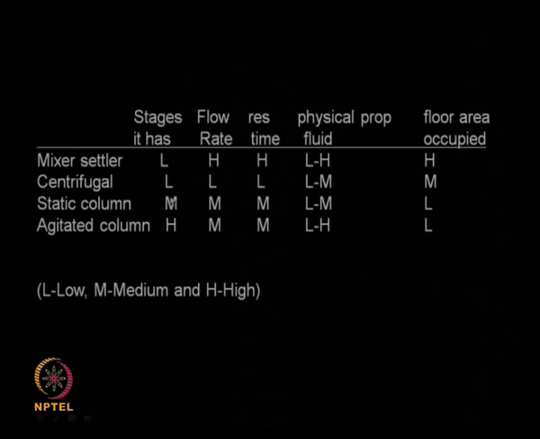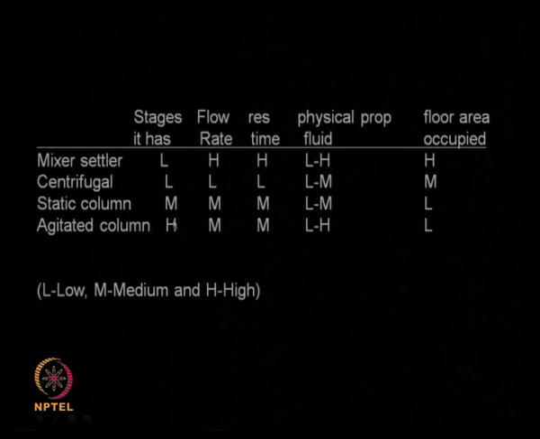When you have an agitated column, it has many stages, like I talked about some of these Karr columns and so on, or sieve plate column, Scheibel column, all these columns, they have many stages possible, and each stage can act as a single thermodynamically ideal unit, where there is an intimate contact between your solvent and the feed.